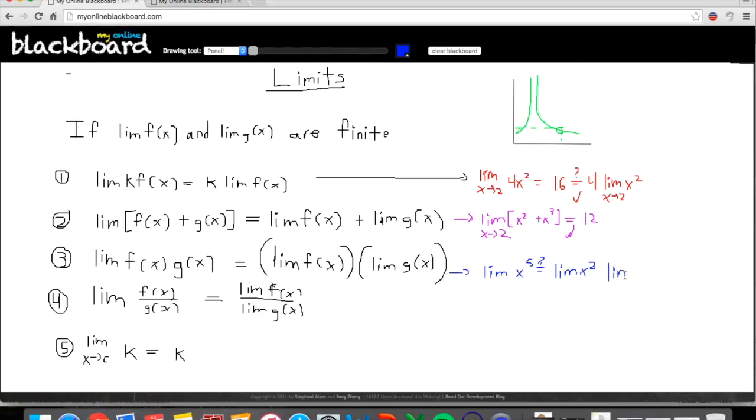And of course, all of this is being evaluated at 2. So, just looking at it, you can tell that this is true, but let's plug in the numbers. 2 to the 5th power is 32.